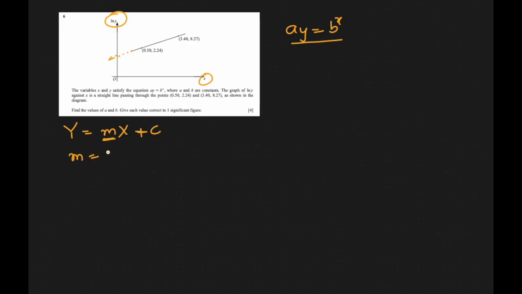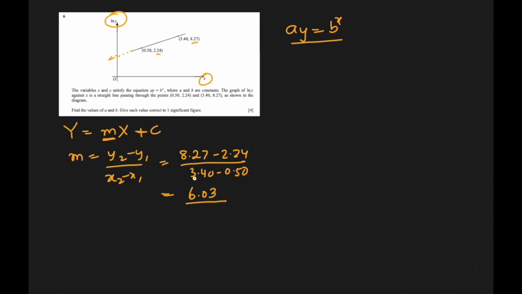M will be y2 minus y1 over x2 minus x1 for a straight line. This is a straight line, so we'll do that. 8.27 is y2 for me, this one, minus 2.24, over 3.40 minus 0.50, which comes out to be how much? 6.03, divided by 3.4 minus 0.4, which will be 2.9.